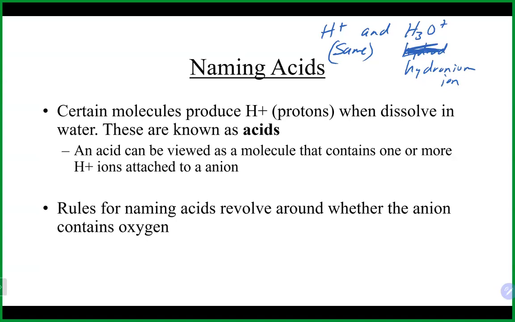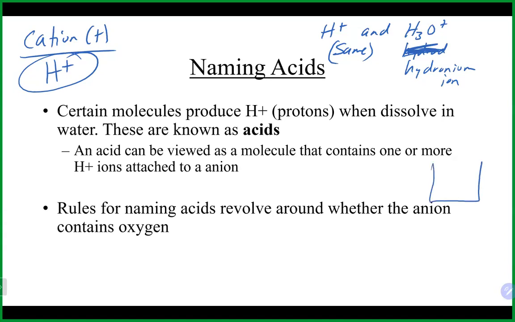All acids can be thought of as really an ion and an ionic compound. The cation for all acids, the positive ion, is H plus. That is basically your positive guy for all acids. Acids are something that can produce H plus in solution.